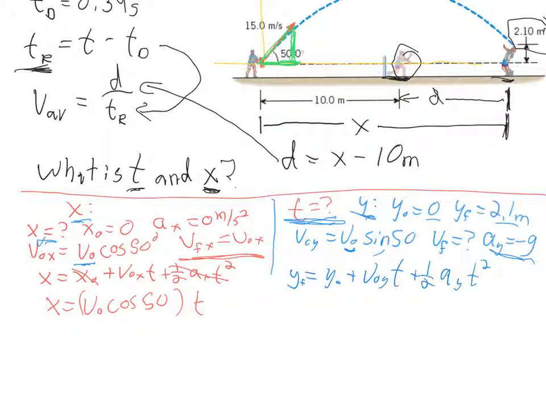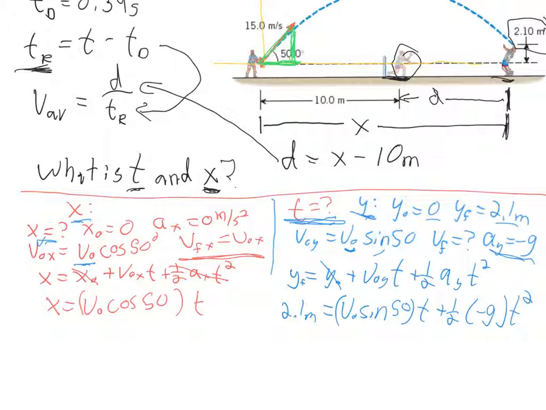So if we substitute in the things that we know, y final we know, 2.1 meters equals 0 plus v initial sine theta times time plus 1/2 negative g times time squared. So v initial sine of the angle, sine of 50, I can plug that in. And v initial we know is 15 meters per second. And we know g, so everything is known here except for time.